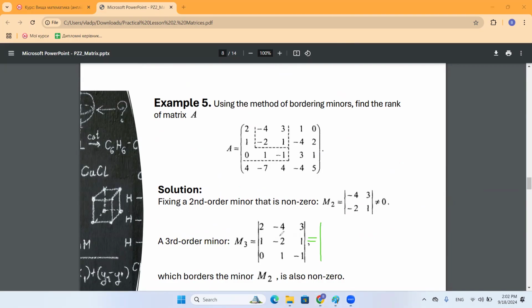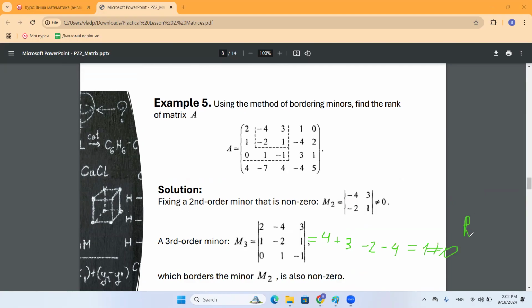So minus 4 plus 3. So here is 0. 0 minus 2 and minus 4. So it equals 1 and it's not equal to 0.